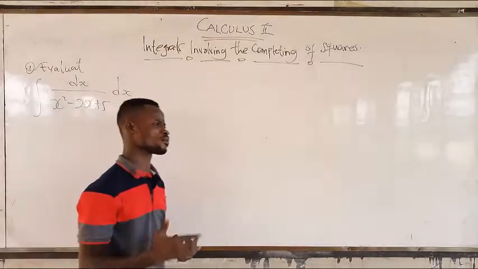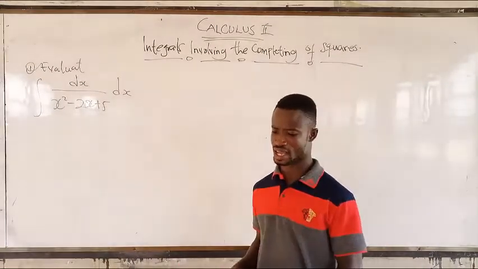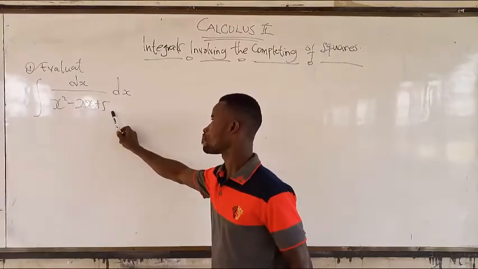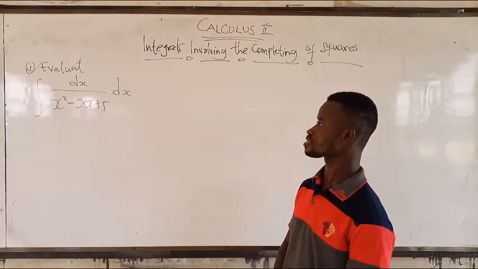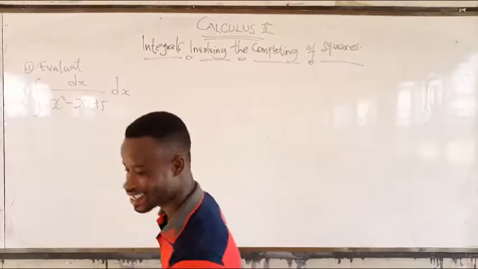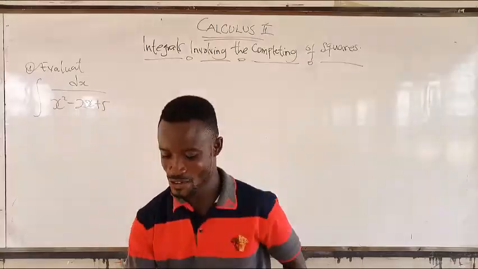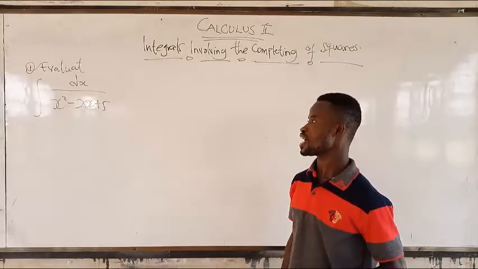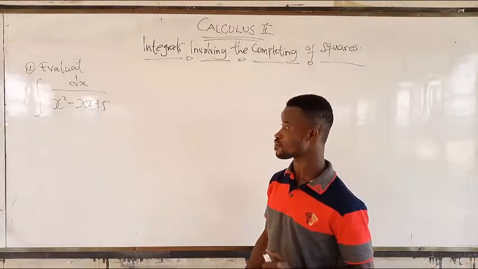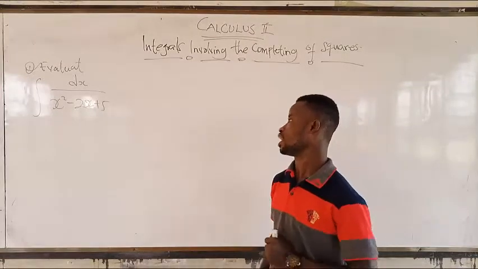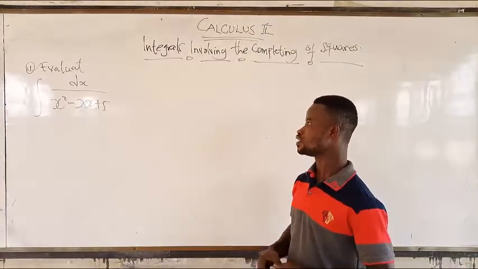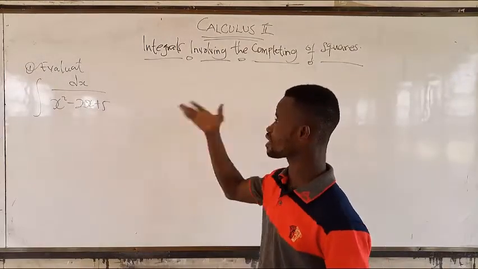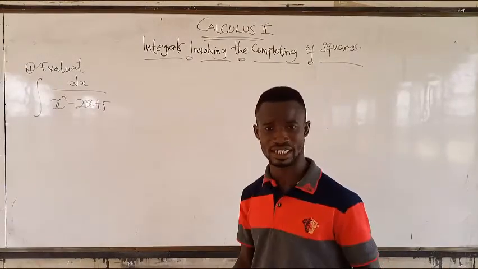Alright, so looking at what we have, you can see that the numerator is a constant, and that constant is 1. So for that matter, you can only solve by completing the squares, because with this you can't split it and you can't do anything with it.